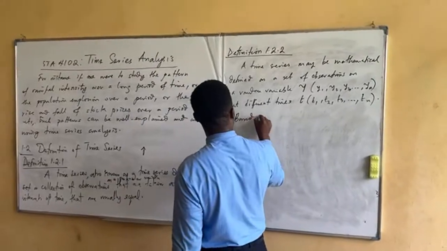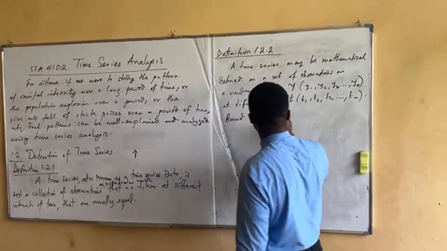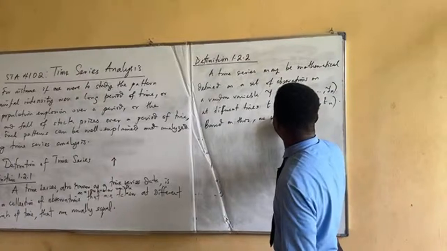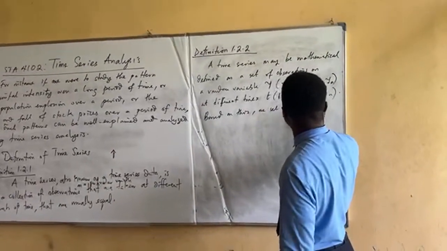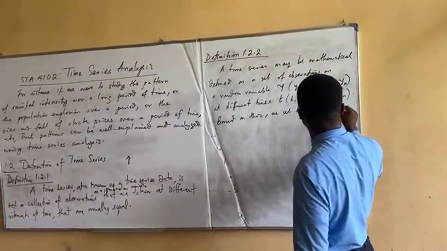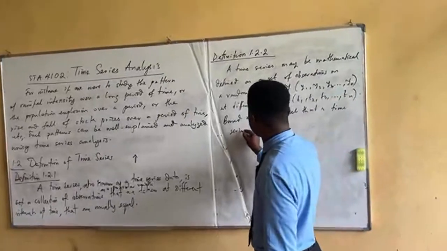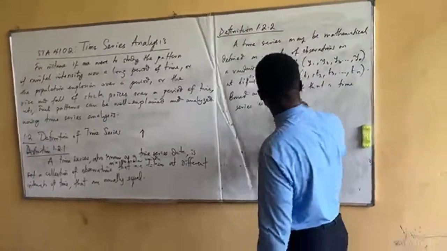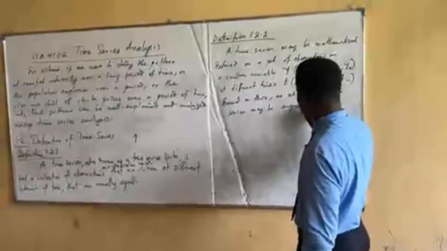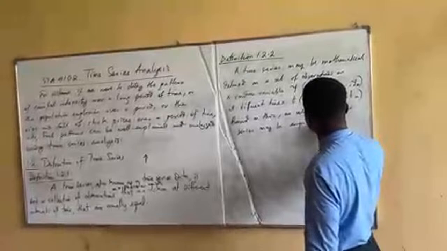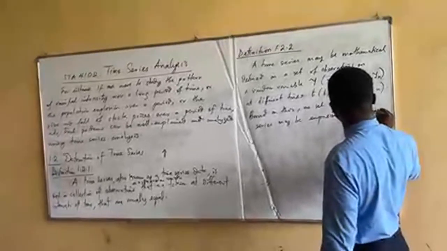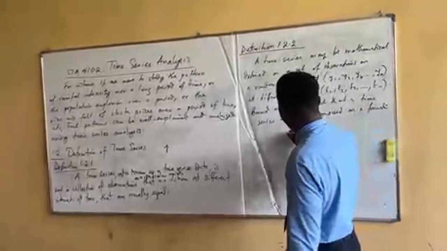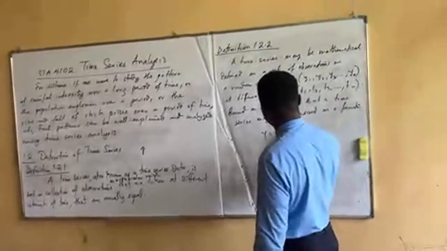Based on this, we see that a time series may be expressed as a function y equals f of t.